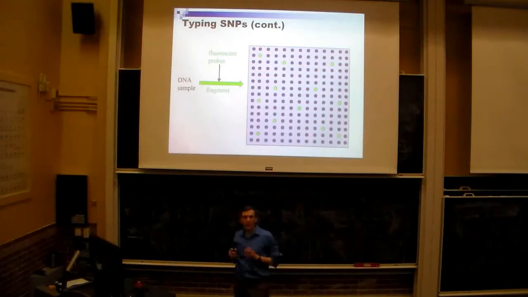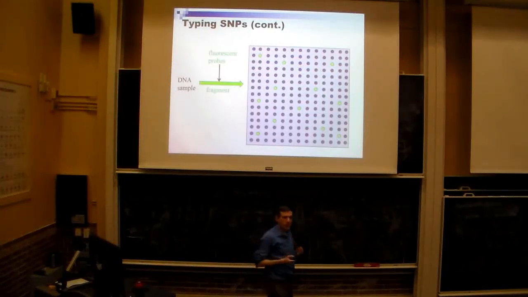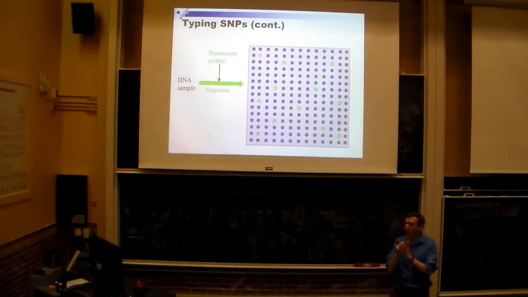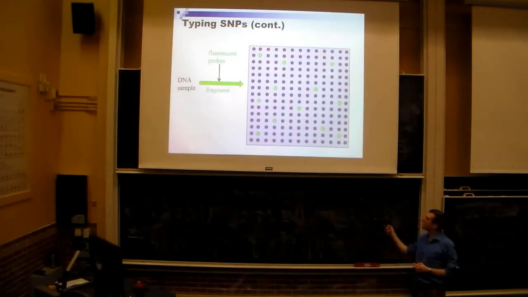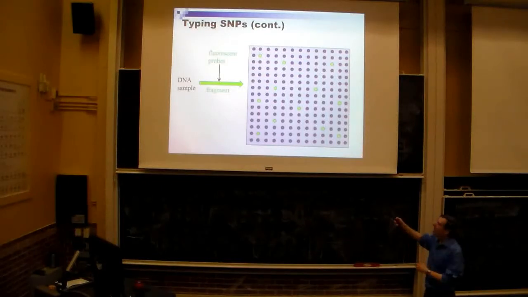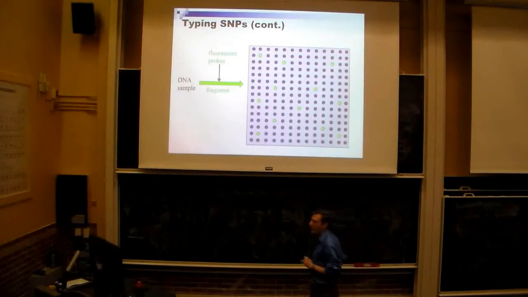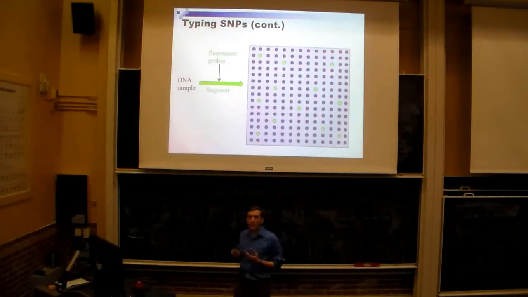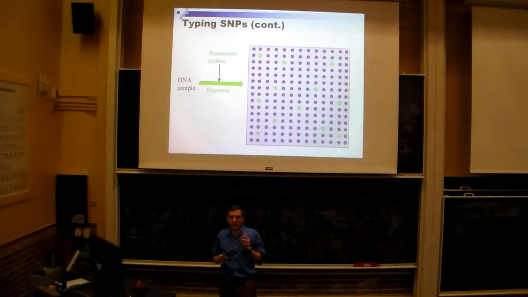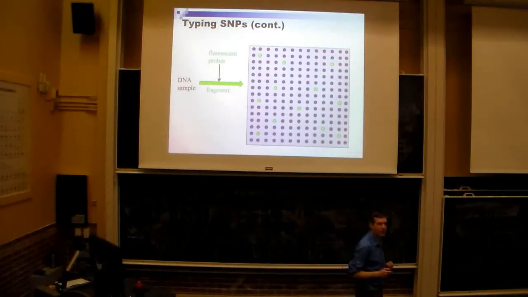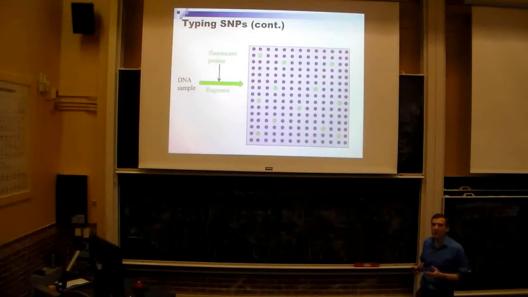Now, that's not going to be perfect. Some spots won't anneal nicely, maybe because the strand at the spot folds back on itself. Other spots may be cross-reactive. You may get things that don't exactly match that anneal to a spot. But more or less, you can abstractly say that DNA will attach to spots whose sequence is complementary to the DNA. And what this gives you is a test for the presence or absence of small pieces of DNA.